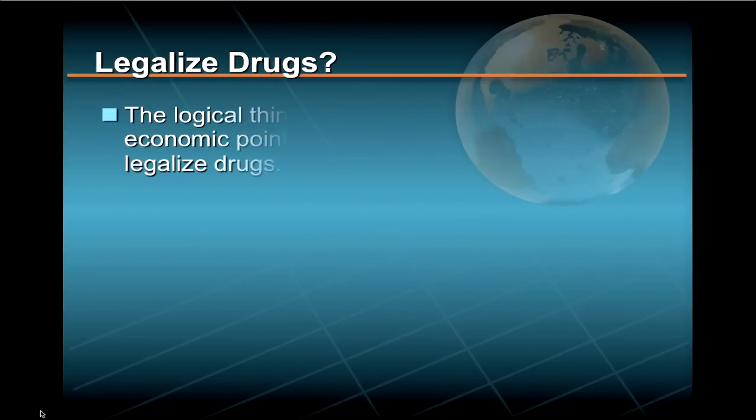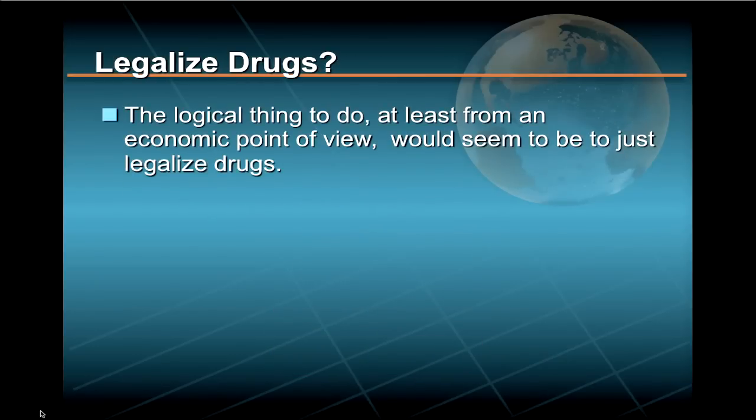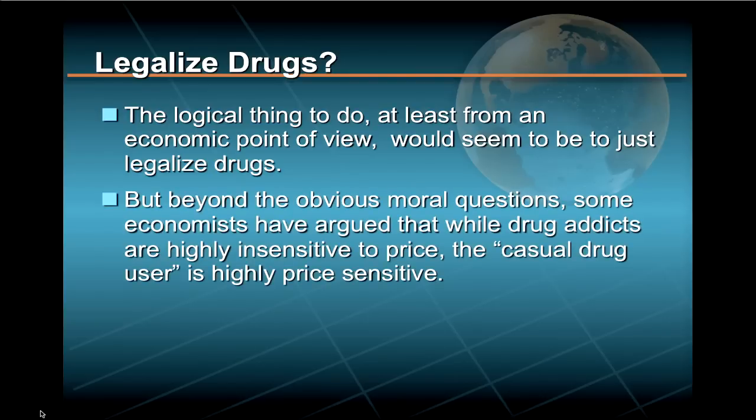Given these observations, the logical thing to do, at least from an economic point of view, would seem to be to just legalize drugs. But beyond the obvious moral questions raised by that proposal, some economists have argued that while drug addicts are highly insensitive to price, the casual drug user is highly price sensitive.